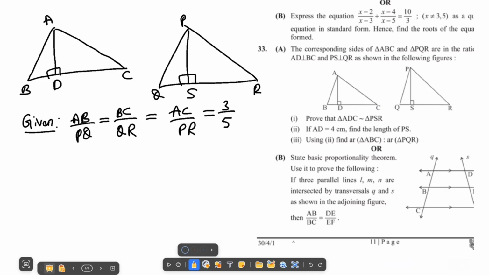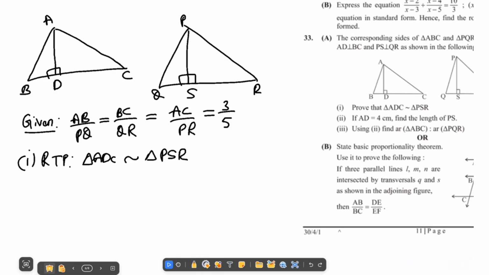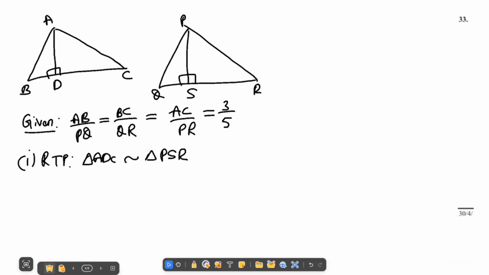So what is the first thing that we have to prove? First thing that we have to prove is that triangle ADC is similar to triangle PSR. So let's find this one. Triangle ABC is similar to triangle PQR.